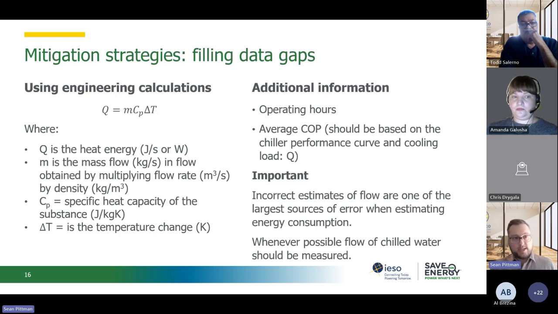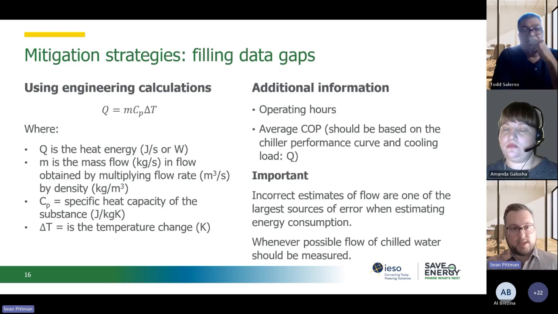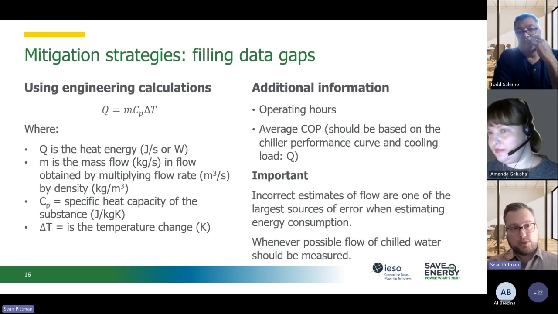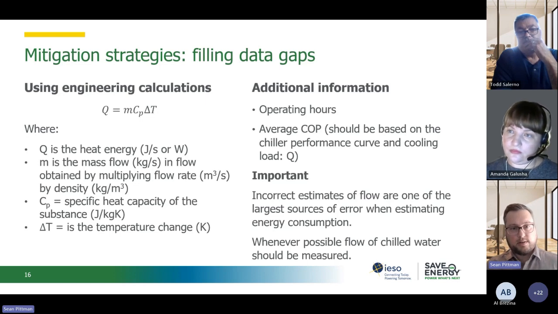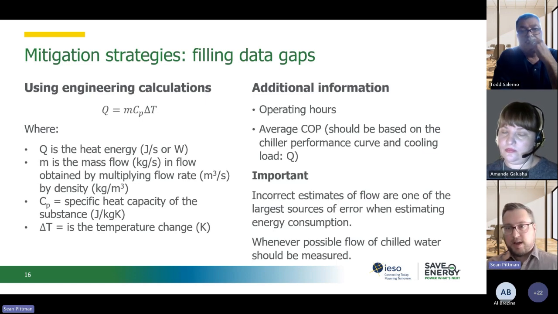So if you're using, say, a specification to estimate the mass flow rate, and that specification is based on what it was supposed to be commissioned at 15 years ago, not what it's running on right now, that introduces a large source of uncertainty in your savings estimations that flows through almost every single step of the estimation process. So having a high degree of certainty on your flow rates really helps reduce the total uncertainty of whatever savings estimates you're doing.